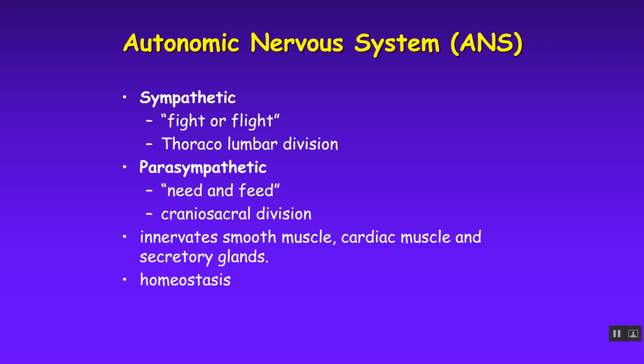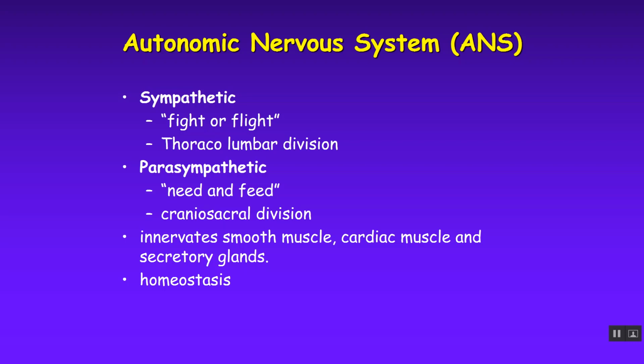Then we have the parasympathetic nervous system, which is considered the need and feed system, more basic metabolism, and it tends to slow some things down. We'll get into all that later; we'll have a whole session on the autonomic nervous system.